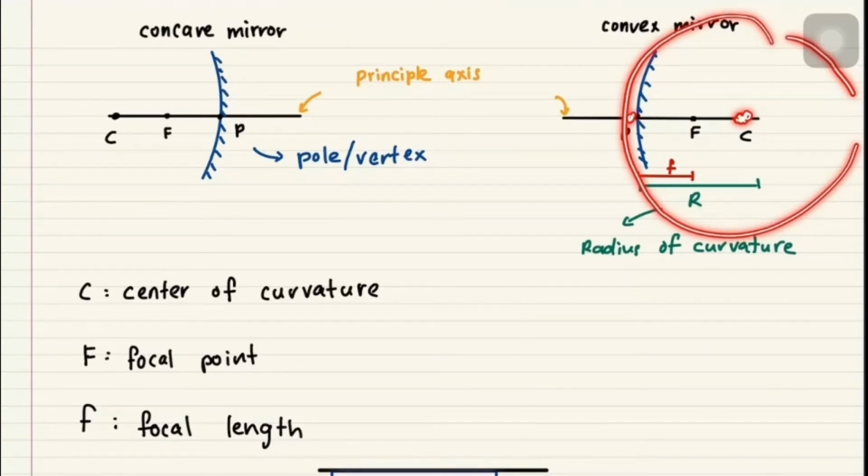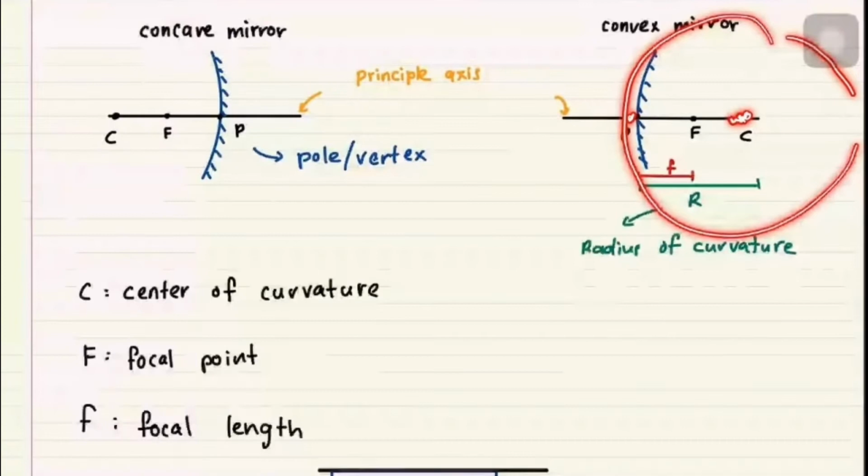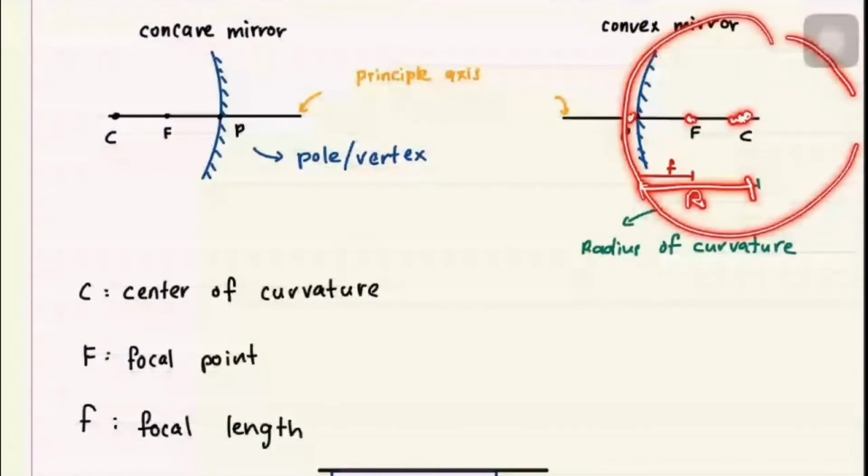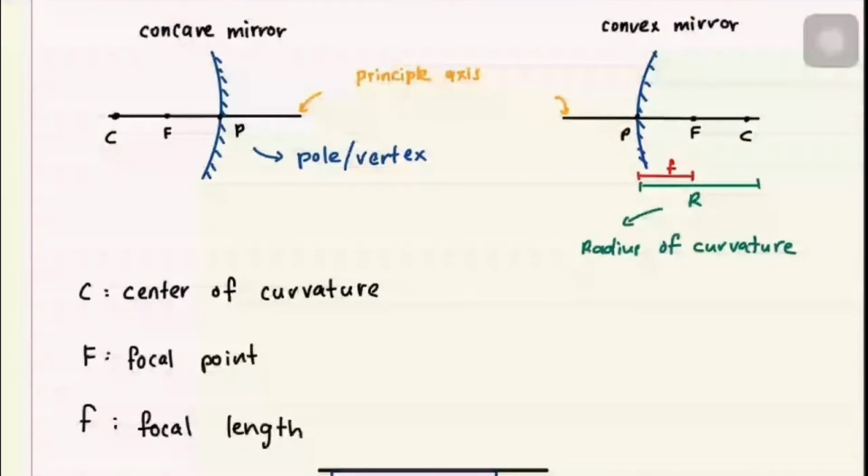This is what we call the radius of curvature, so the distance here would be R. And then exactly half of this is your focal point, capital F. The length between the surface and the focal point is what we call the focal length, small f. So the point is capital F, the length itself is small f.